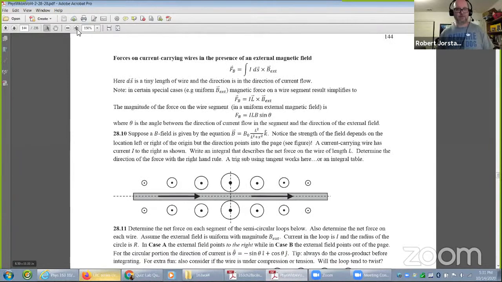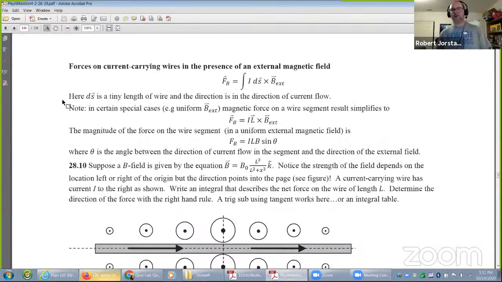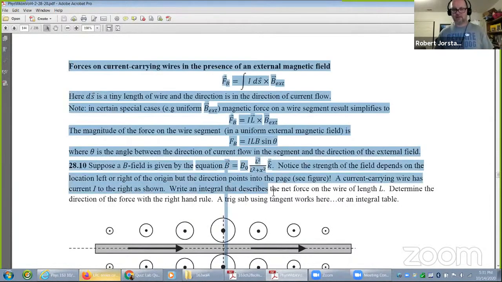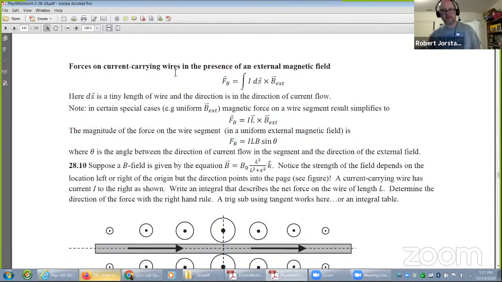That was my fun. Why don't we take our break right here, because this is the logical spot. I'm going to take a break right now, and then we're going to come back and do a lot of math. Basically we're going to take this to the next level. Charges are moving in wires. We've been talking about the forces on moving charges. More realistic is forces on wires, rather than individual ions flying through the air.